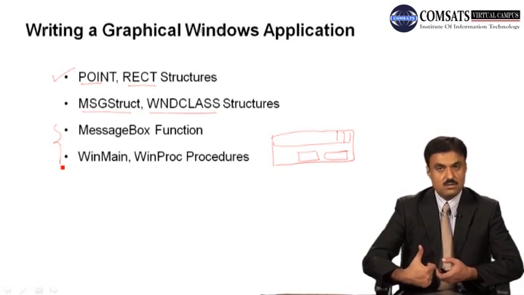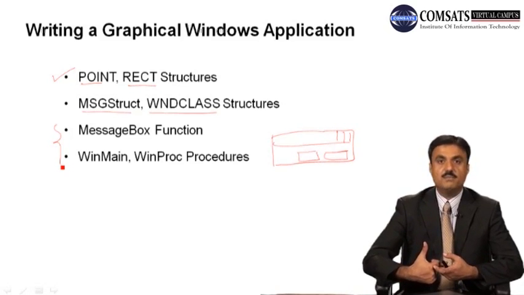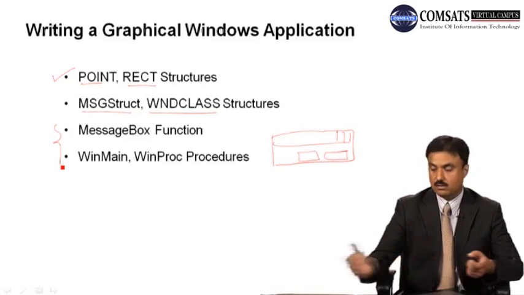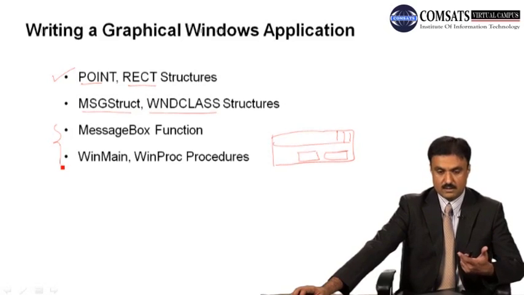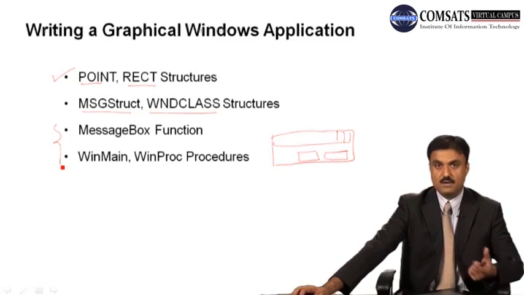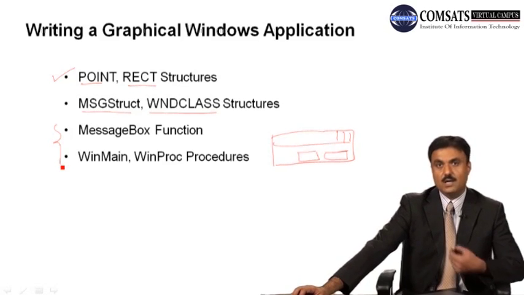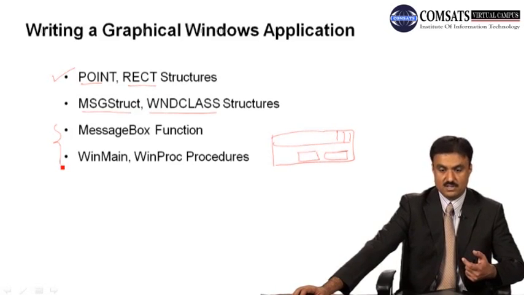There's a huge list. You can go to the MSDN library and find the complete information about all those functions, and it's really difficult to cover during these lectures. So I will give you only an introduction to a few which are very common, and then the rest is very easy for you to cover when you go through those functions.